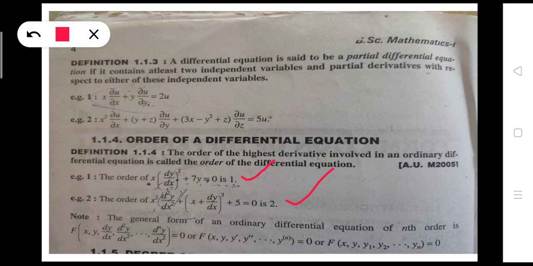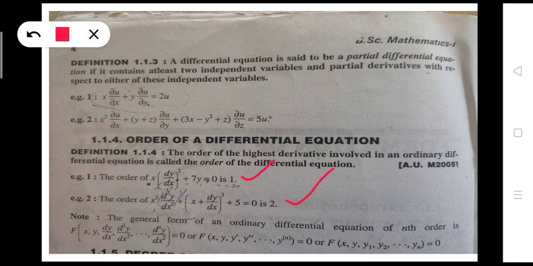And note the general form of an ordinary differential equation of nth order is f of x comma y comma dy by dx comma d square y by dx square and so on, d power n y by dx power n is equal to 0, or this is also written as f of x comma y dash comma y double dash and so on y power n is equal to 0, or this is also written as f of x comma y, y1 comma y2 comma and so on yn is equal to 0.